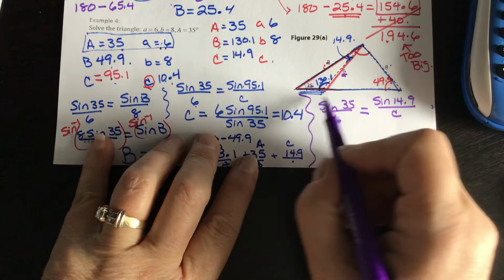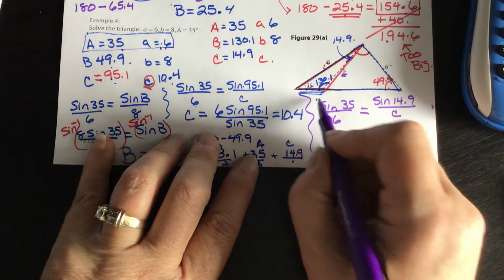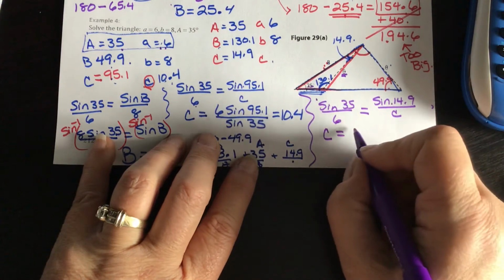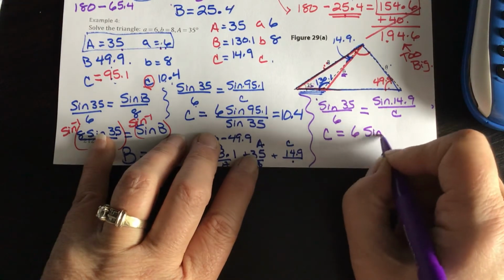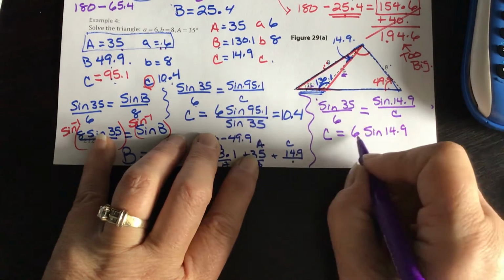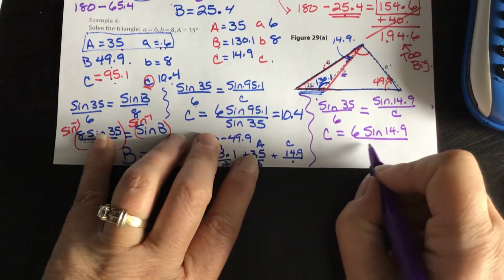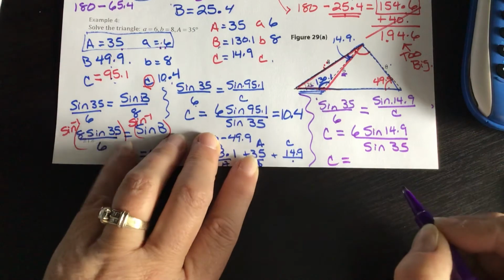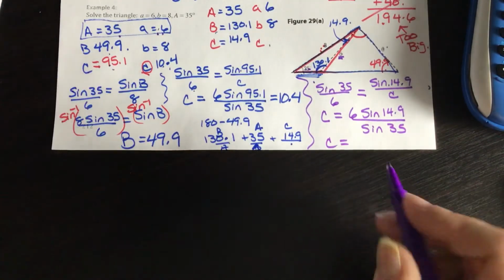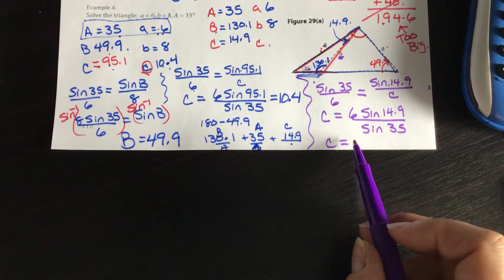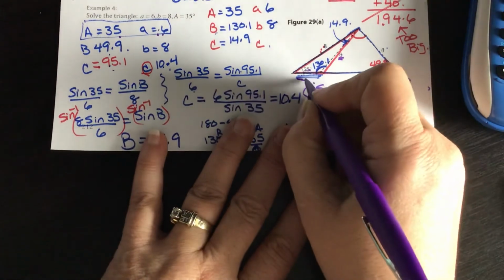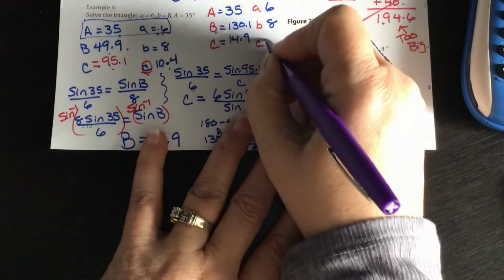So I'm going to solve again. I multiply by C over here, and 6 times sine 14.9. Then I got to divide by sine 35. And if I do those calculations, I get 2.7, which would be this length right here.